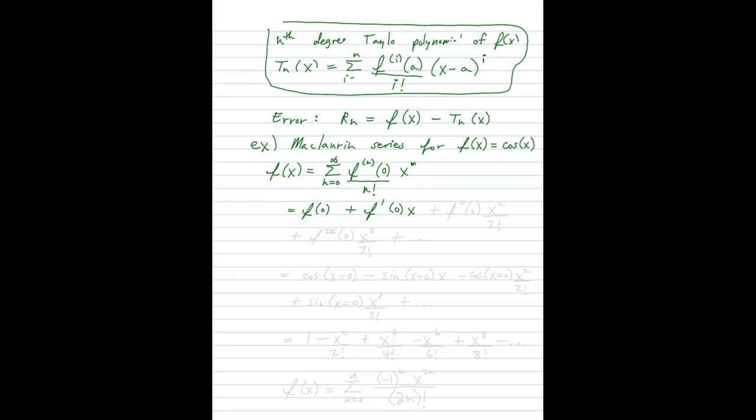And then for the next term, we have f double prime at 0 times x squared over 2 factorial. And then for the following term, we have the third derivative times x cubed over 3 factorial. And then of course we have the higher terms approaching n equals infinity.